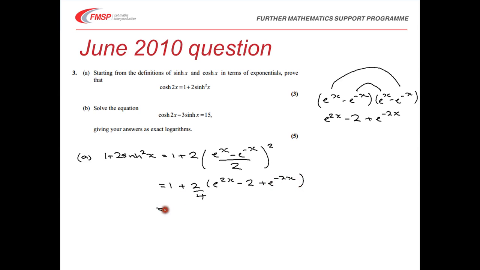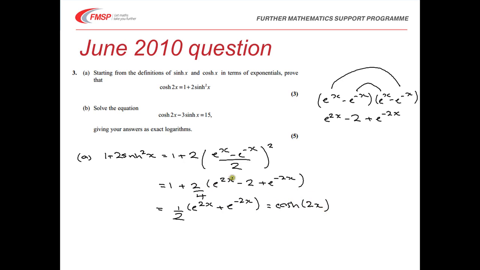And so we can see from this that what we'll be left with is a half of e to the 2x and e to the minus 2x. And we can see that this is exactly the definition of cosh, but with the x replaced by 2x. So this is cosh of 2x.